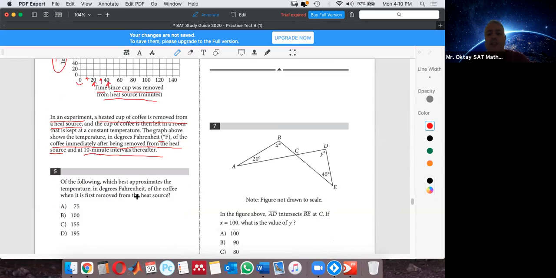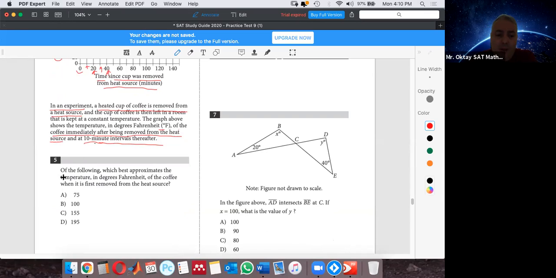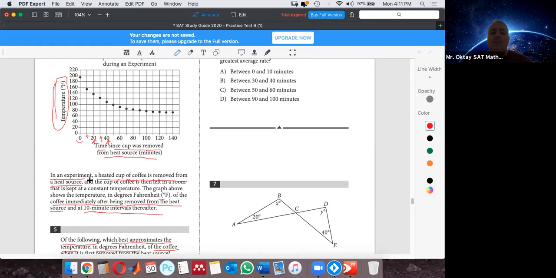So the first question says this one. Of the following, which best approximates the temperature in degrees Fahrenheit of the coffee when it is removed from the heat source? It's so simple.